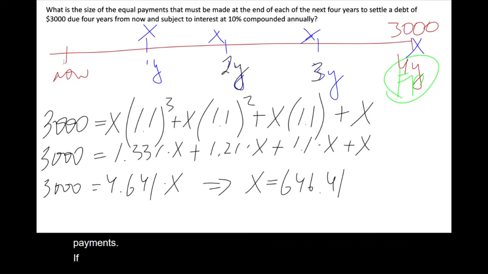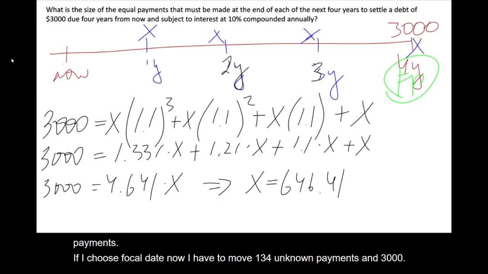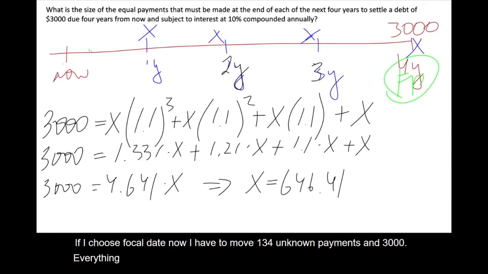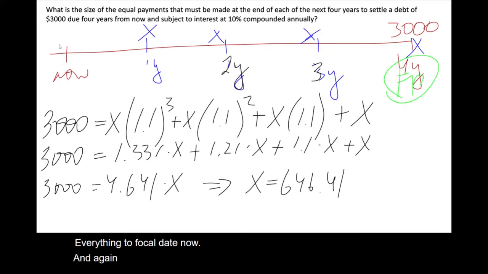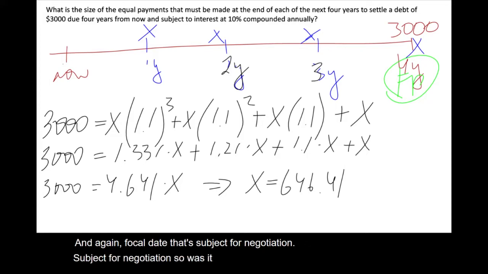If I choose the focal date now, I have to move 1, 2, 3, 4 unknown payments and 3,000, everything to the focal date now. And again, the focal date is a subject for negotiation. So was it a good decision to pay these 4 payments? Yes or no?